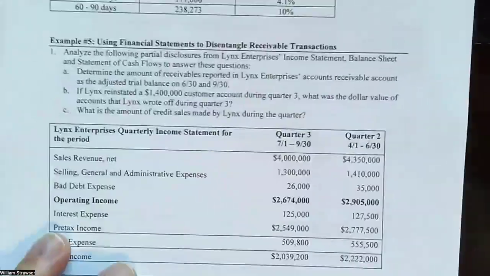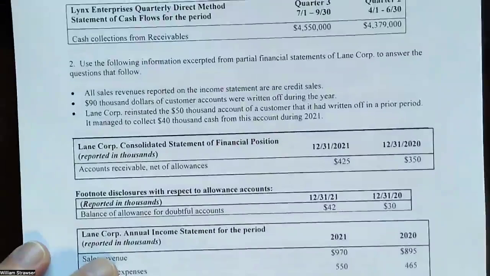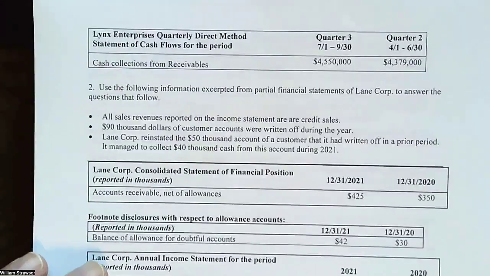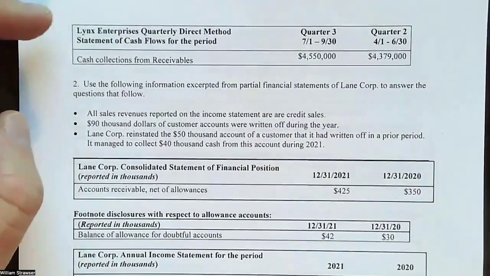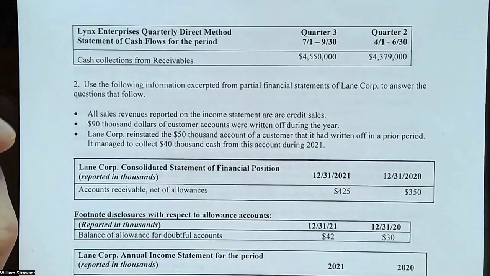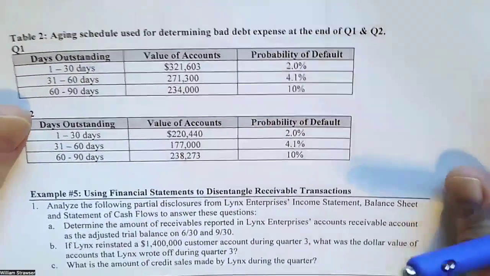And on the final page, you have an extraction from a direct method statement of cash flows, which almost never occurs in reality because companies use the indirect method. But we got cash collections from receivables. So this is all providing me some information to fill out my accounts.